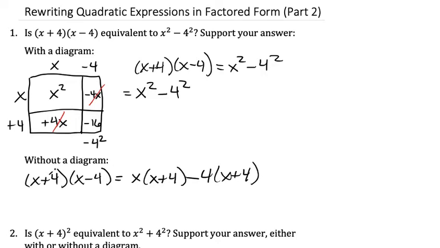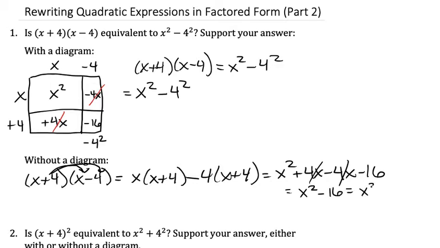If I distribute this x plus 4 and multiply that out, it gives me x squared plus 4x minus 4x minus 16. And again, these two cancel. We get x squared minus 16, or x squared minus 4 squared.